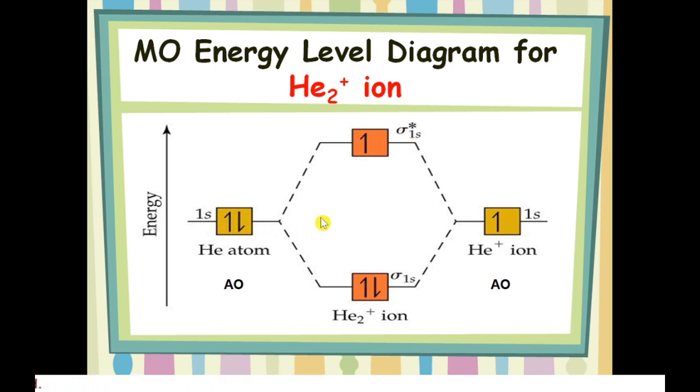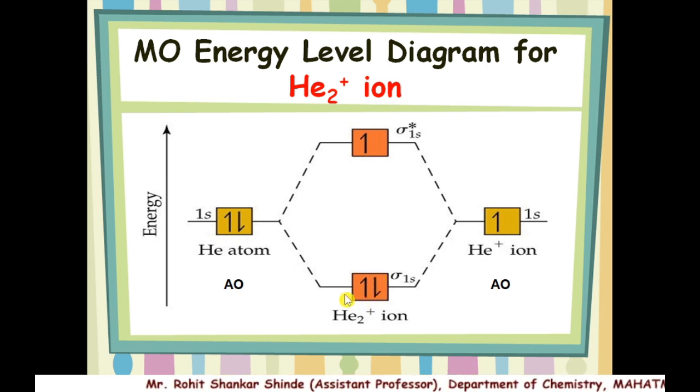Out of these 3 electrons, 2 electrons are occupied in the bonding molecular orbital. Since the bonding molecular orbital cannot accommodate more than 2 electrons, the third electron goes into the anti-bonding molecular orbital.